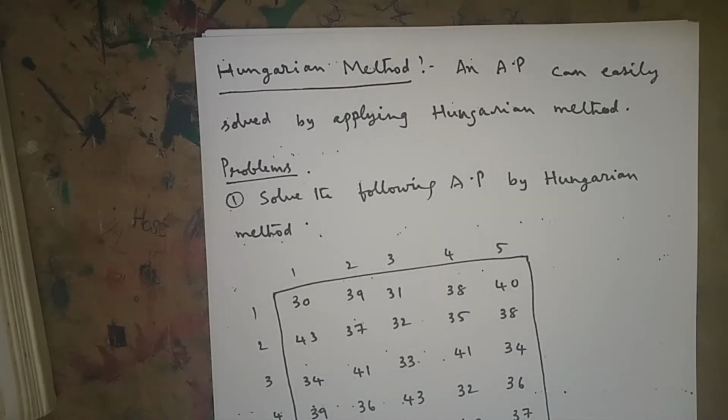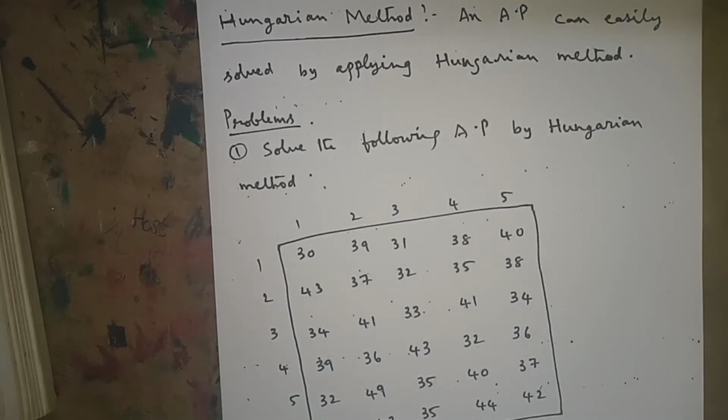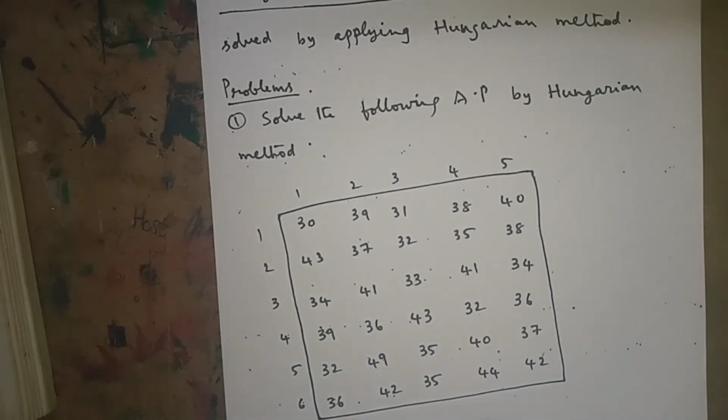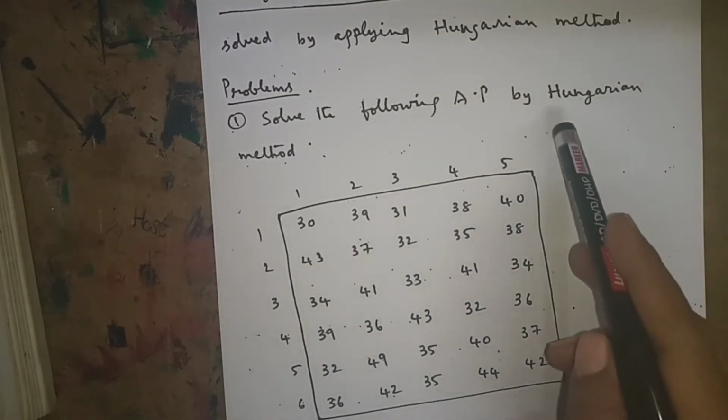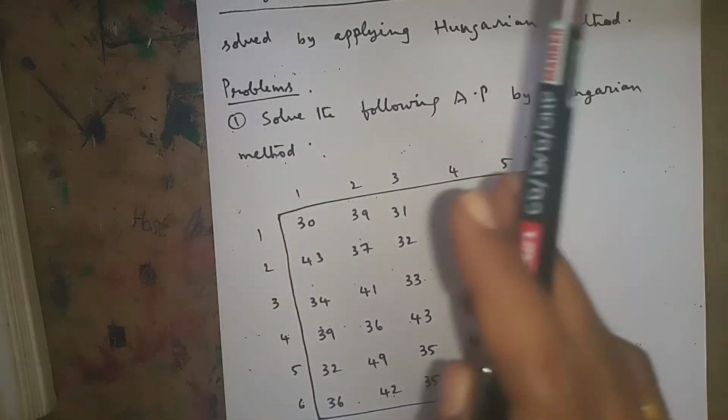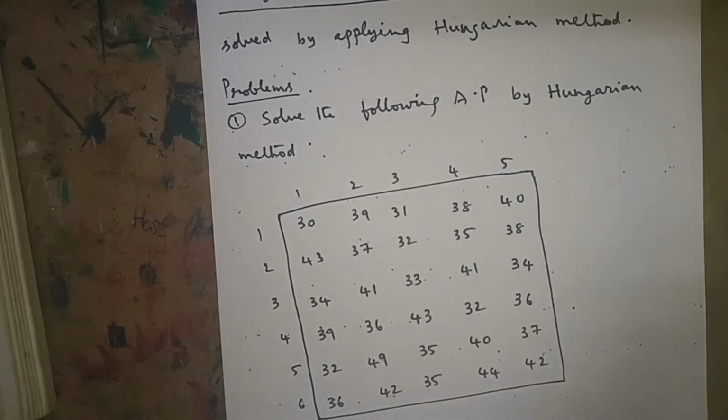They will give you one problem, solve the AP, or simply solve the AP by using the Hungarian method. Sometimes they will specify the method name, or sometimes they will just ask to solve the AP, because there is only one method, that Hungarian method only we have to apply to the problem.